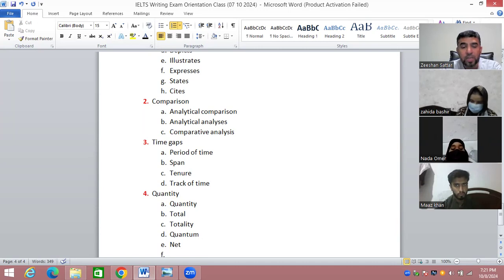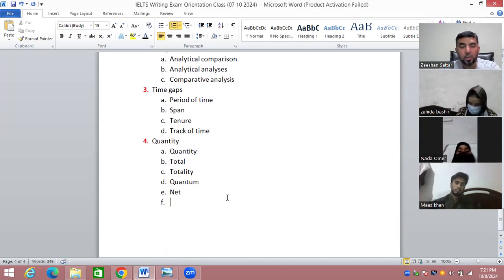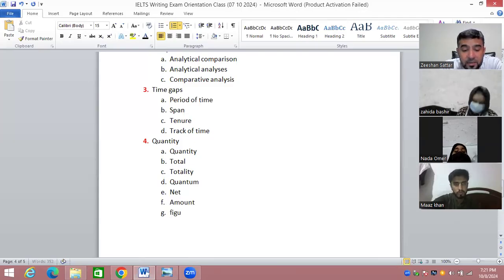We can use multiple words to demonstrate the quantity in our writing: quantity, total, totality, quantum, net, amount, figure. These are all the words that we can use to highlight the quantity of something in our writing during the summary and during the essay exam.